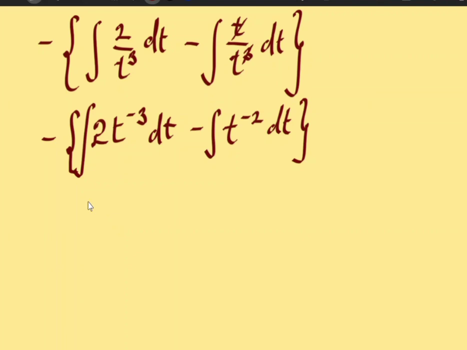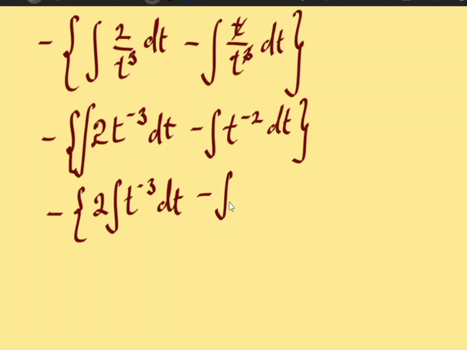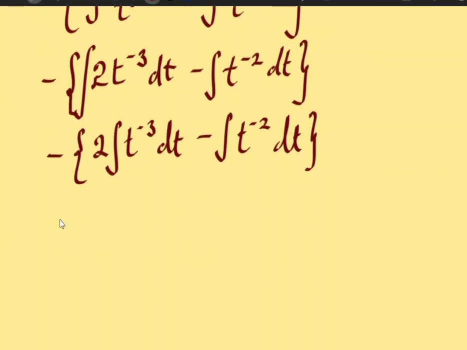So we can now integrate term by term. We can still write this as 2 times the integral of t raised to the power minus 3 dt, minus the integral of t raised to the power minus 2. Now let's integrate fully. We have 2 outside.